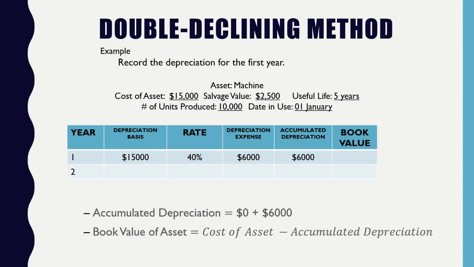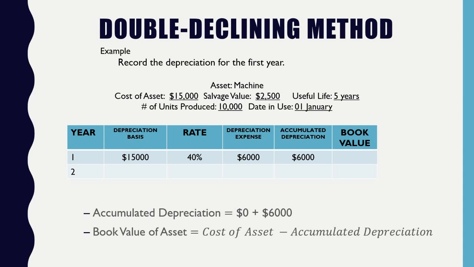And of course, because it's the first year of depreciation, our assumption is that the previous accumulated depreciation is 0, plus the current year's depreciation expense, which gives me 6,000.